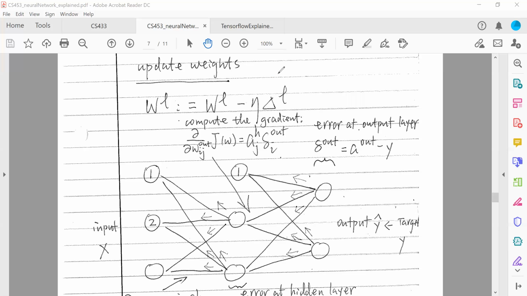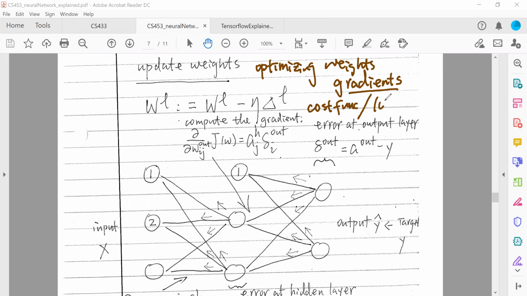When we try to optimize the weights in a neural network, we use gradients. We have the cost function, or in a lot of places also called the loss function.